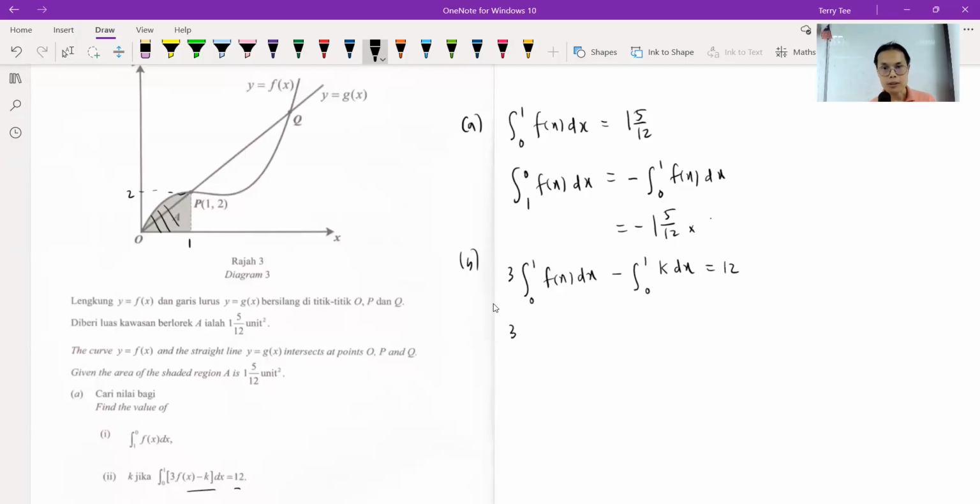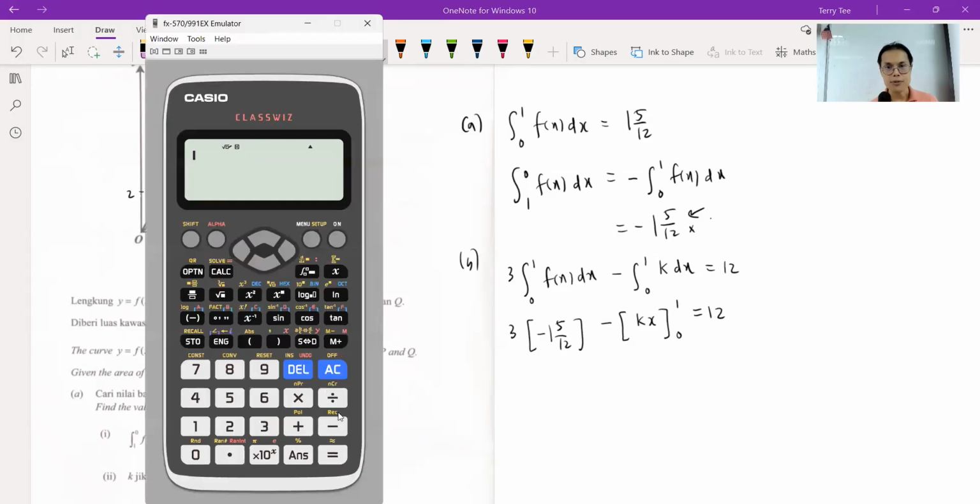So let us substitute: the integration 0 to 1 f(x) dx is this, so we put negative 1 5/12. Then you minus integration of this. This is kx from 0 to 1. The result is 12. Okay, this one you may want to use a calculator. It's hard to see, right?